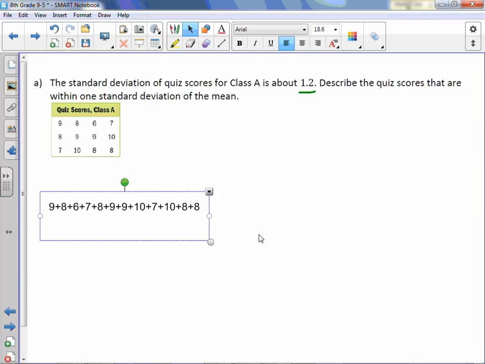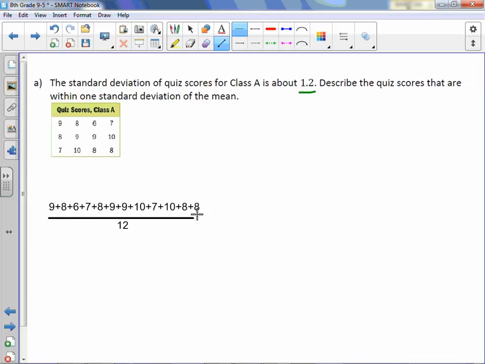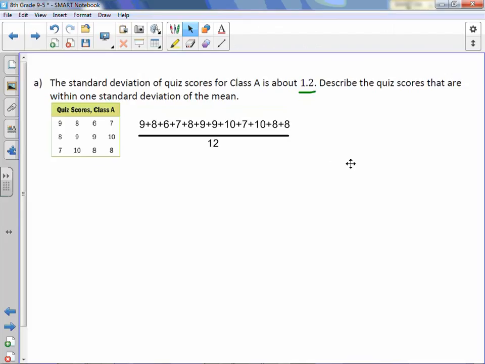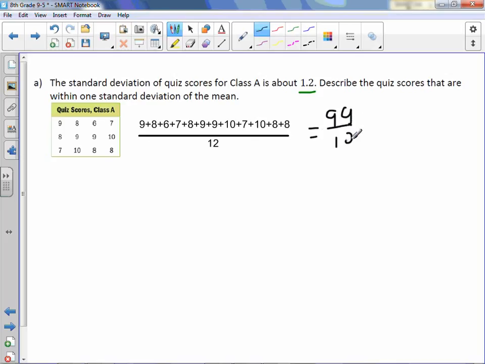And we're going to divide that data again by 12. We get 99 over 12, which equals 8.25. So the mean is 8.25.